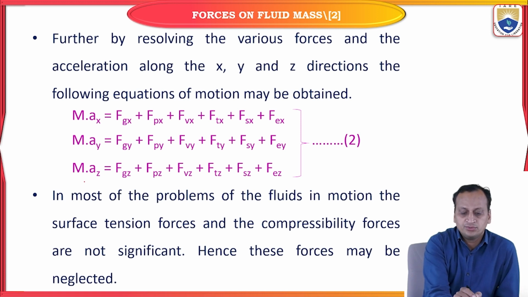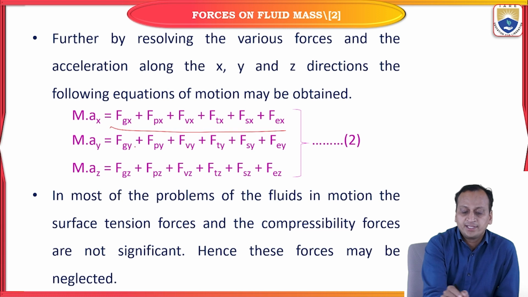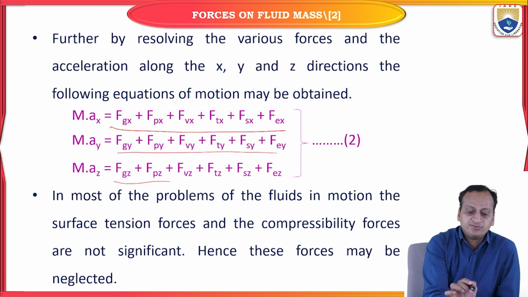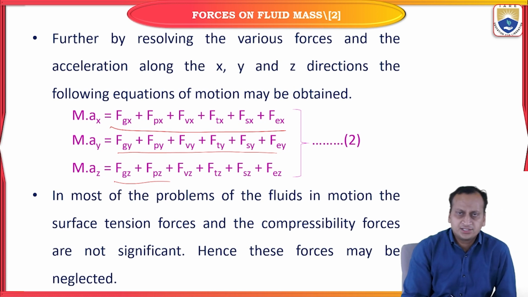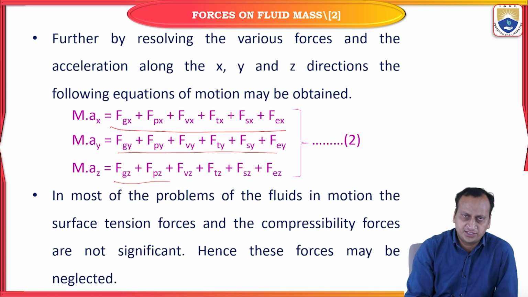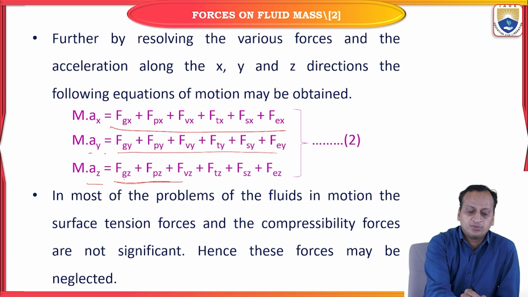Equation 2 denotes the resolving of forces about 3 mutually perpendicular directions: Fgx, Fgy, and similarly Fgz, about the x, y and z directions. The summation of all 6 forces about all 3 directions is resolved along the direction of the acceleration component.